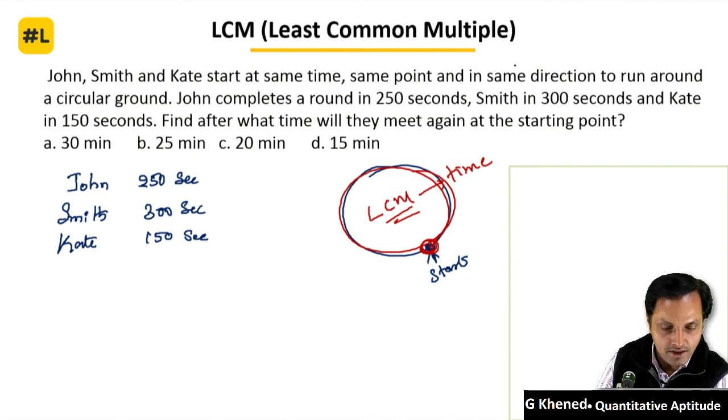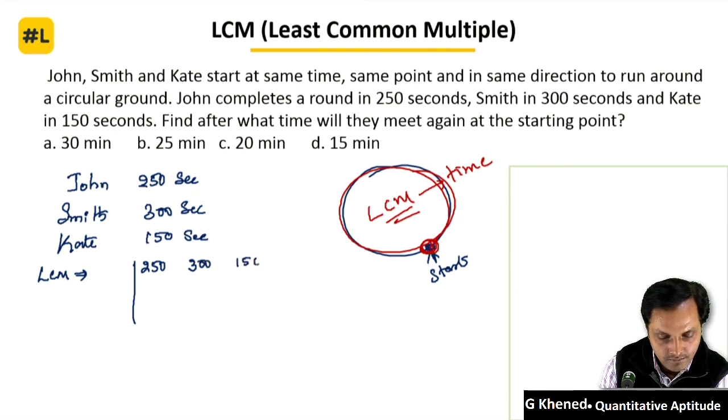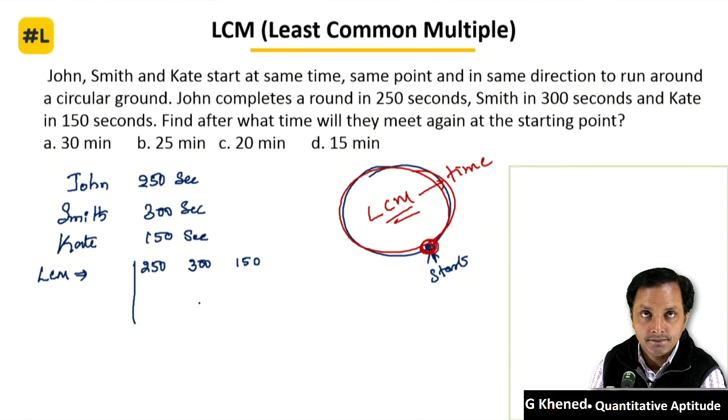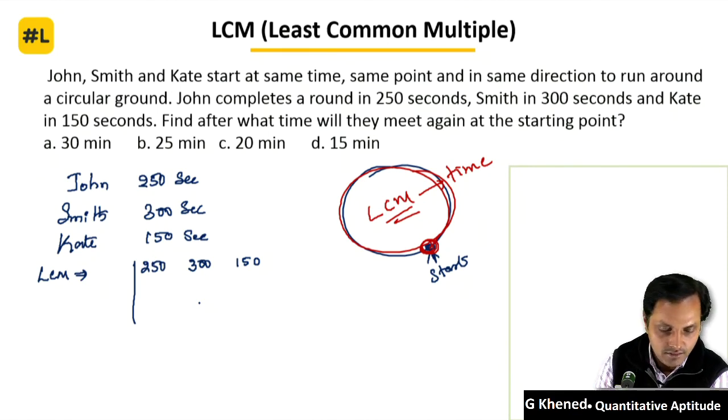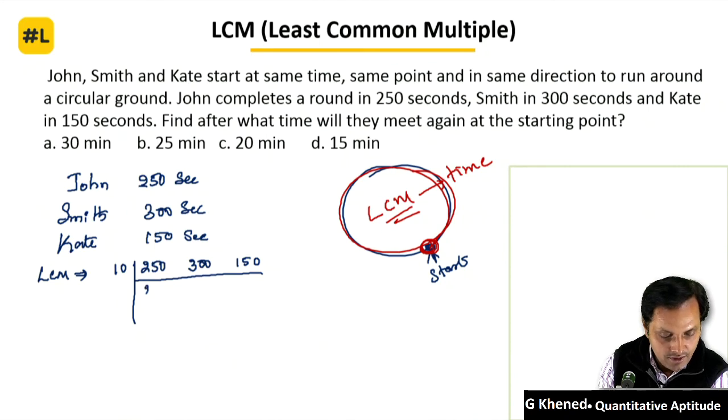Just follow the long division method. LCM of 250, 300 and 150. All will follow the divisibility by 10. So when you divide it by 10, it will be 25 times, 30 times and 15 times.